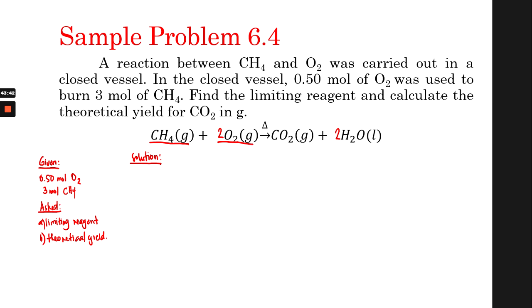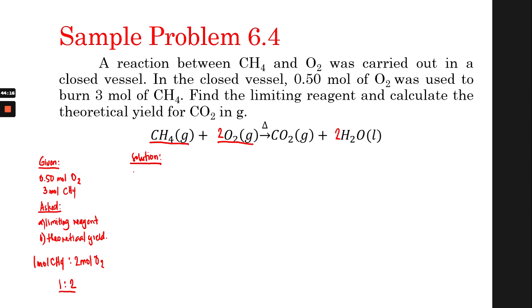So you know that from your chemical equation, in every 1 mole of CH4, it has to react with about 2 moles of O2, meaning the stoichiometry relationship between your reactants is 1:2, correct?